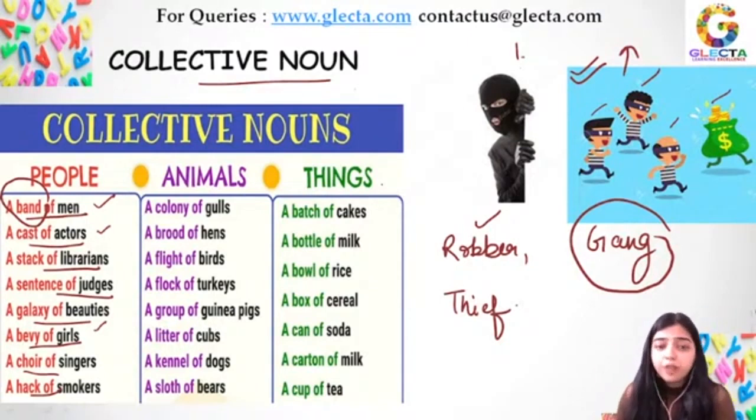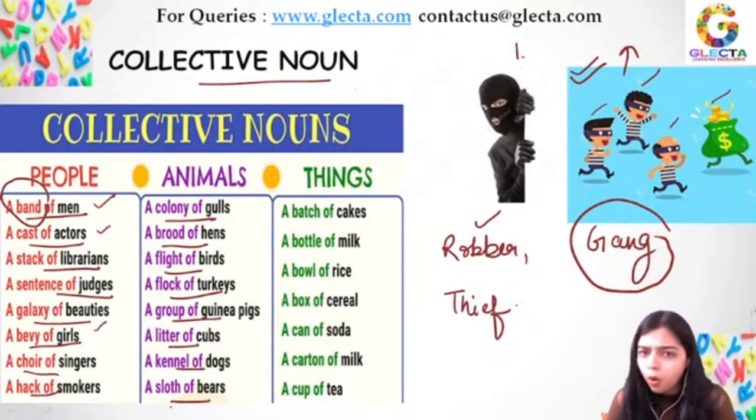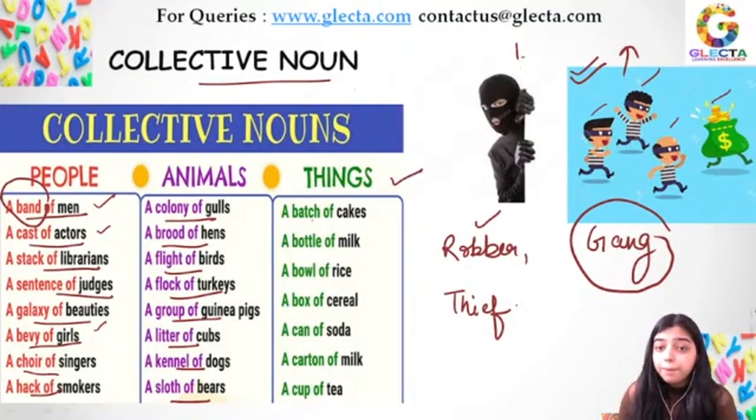Same as in the case of animals, it is a colony of girls, a brood of hens, a flight of birds, a flock of turkeys, a flock of guinea pigs, a litter of cubs, a kennel of dogs, a sloth of bears, and so on. Another example that we can see here is a thing: a batch of cake, a bottle of milk, a bowl of rice, and so on.